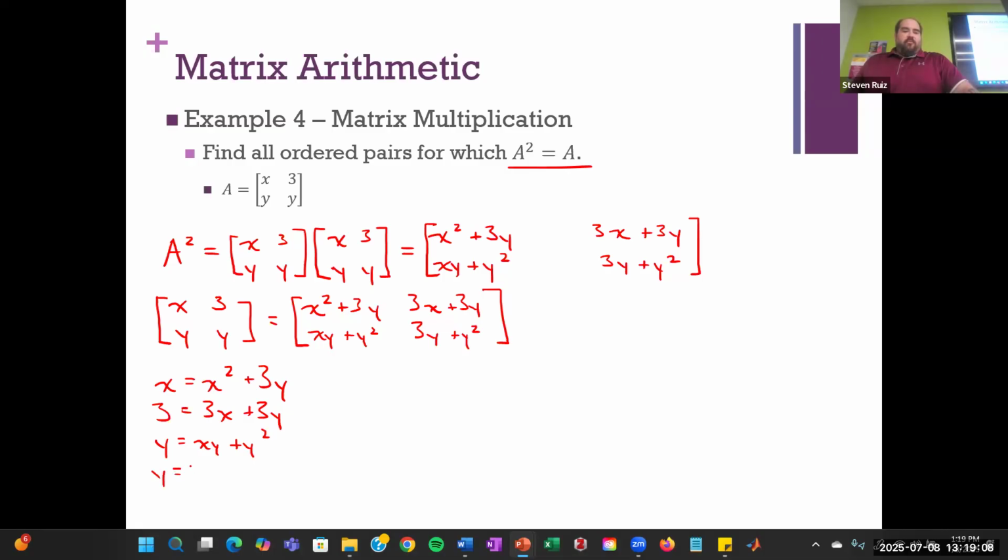Y equals 3y plus y squared. Can I ever satisfy any of these? Go ahead. Give me an example. What's a good solution here? The middle two?